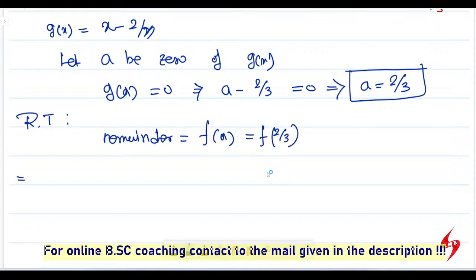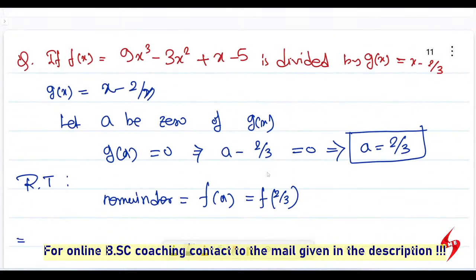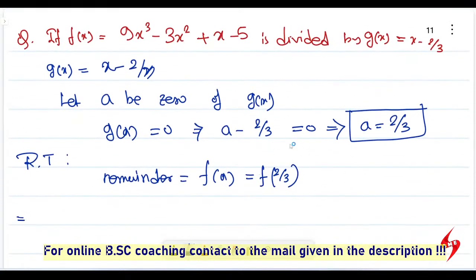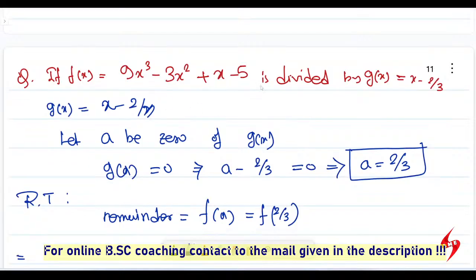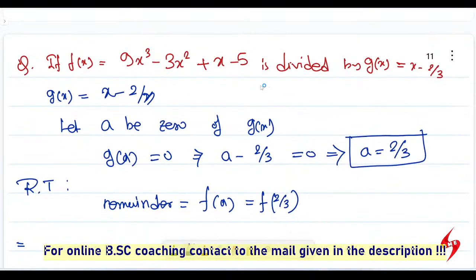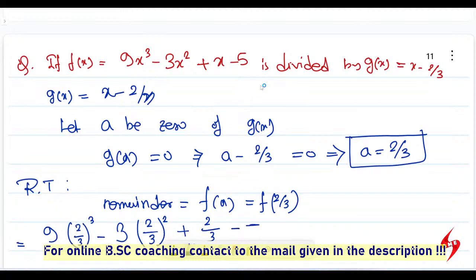So we just put the value of x as 2 by 3 in this equation, so that will be 9 x cube, means 2 by 3 whole cube, minus 3, 2 by 3 the whole square, plus 2 by 3 minus 5.